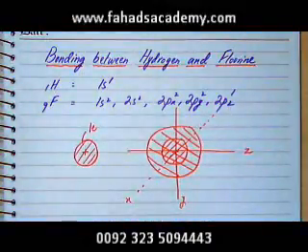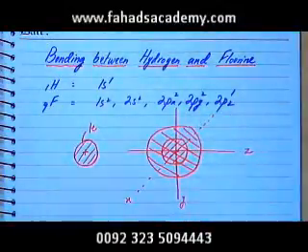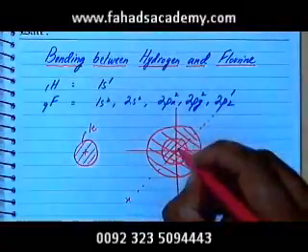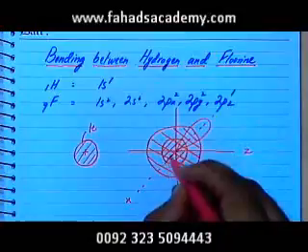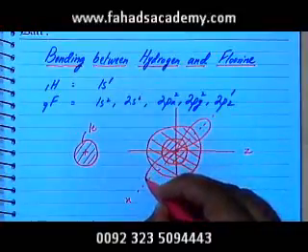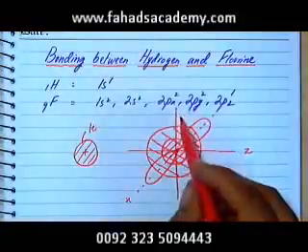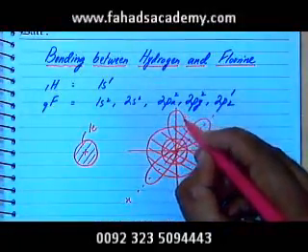Now, the 2px orbital, let's draw it with the red marker. So the 2px orbital is going to be dumbbell shaped. There would be a region on both sides of the nucleus that's going to have two electrons. The 2py is also going to have two electrons.